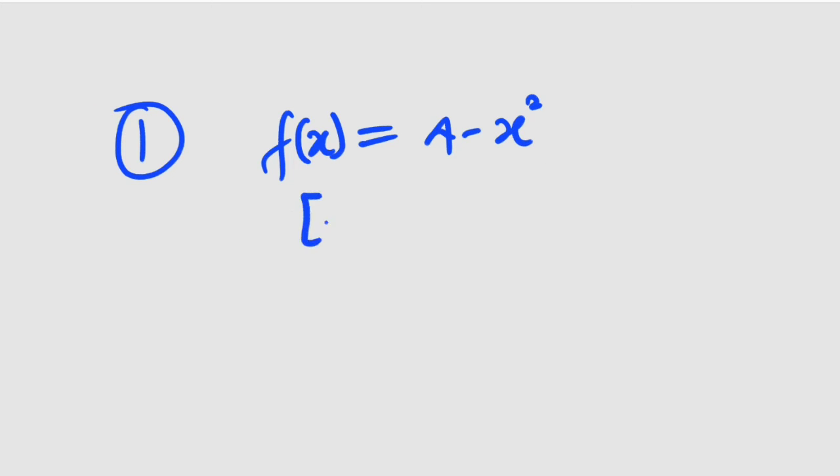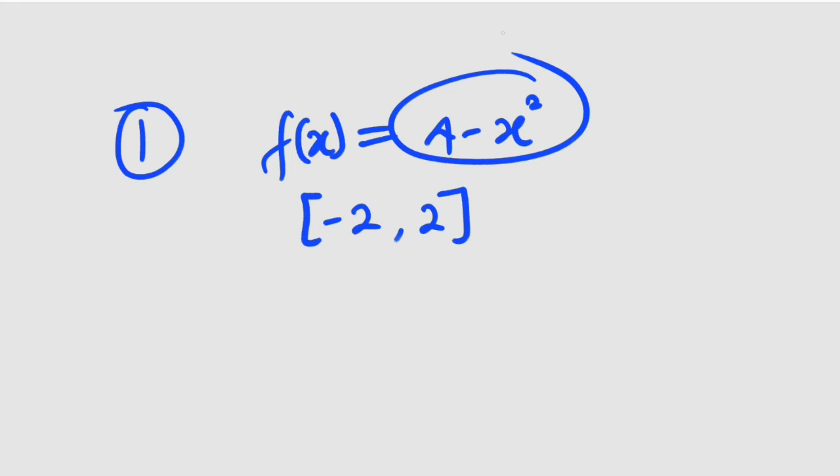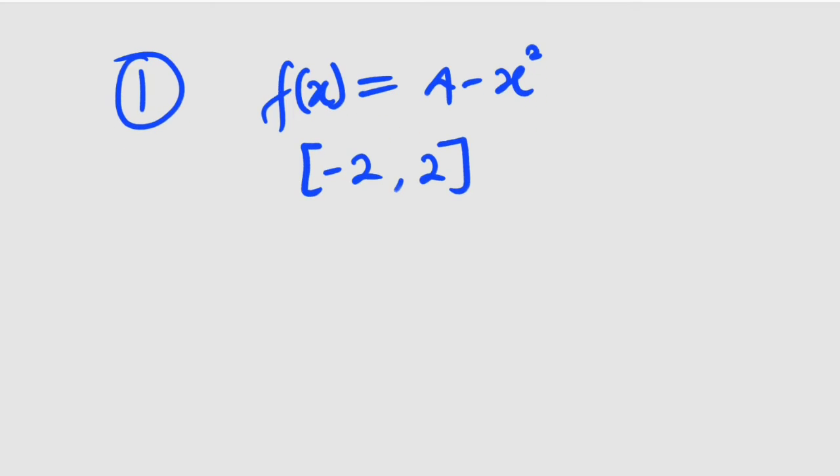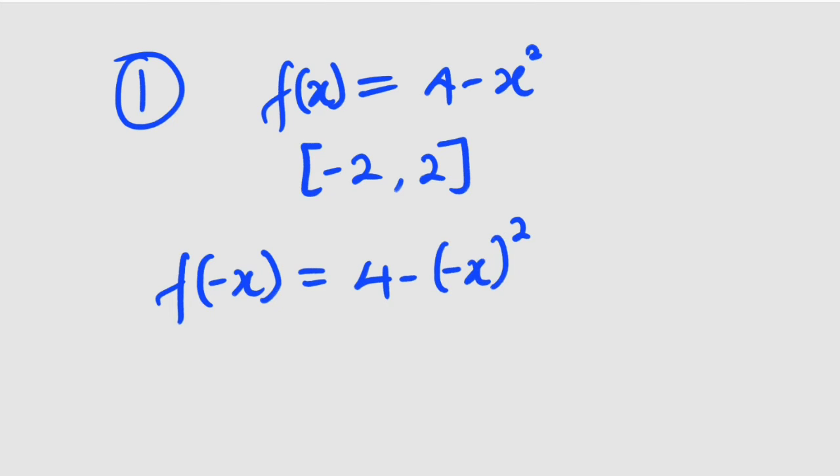I would like to find the area of the function 4 minus x squared from negative 2 to positive 2. You should know that this is an even function, but if you like, you can test it. F of negative x is equal to 4 minus, instead of x, we replace it with negative x, then you square that.